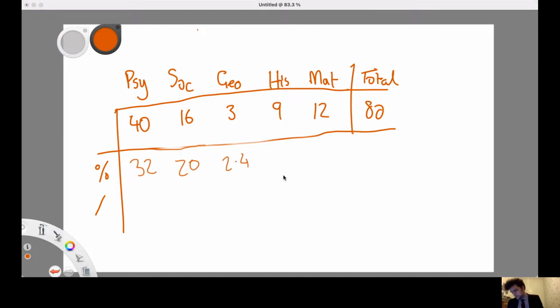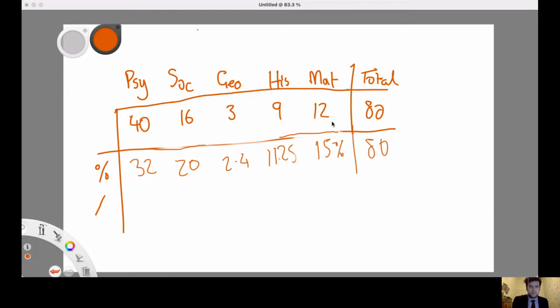There we go. 9 is 11.25%, and 12 said is 15%. Because remember, we know 5% is 4, so just times that by 3. That's 15%.